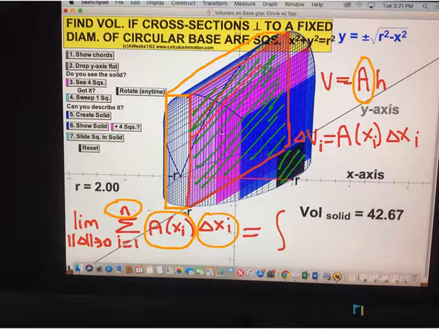So this is going to give us a definite integral. The limits of integration would be from the least x value of your partition points to the greatest x value of your partition points. The integrand would be a of x, signifying the area of each cross-section. And we're integrating with respect to x because the height of each rectangular prism is found by subtracting 2 consecutive x values from our partition points.